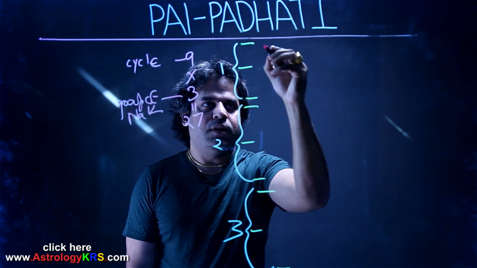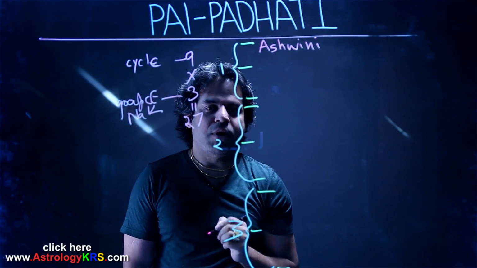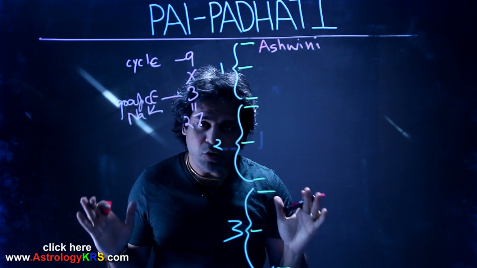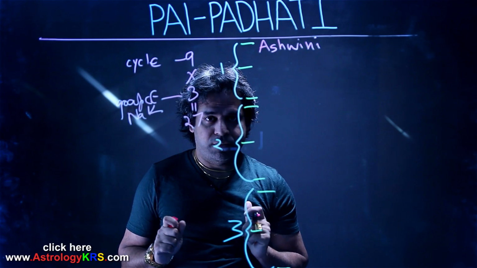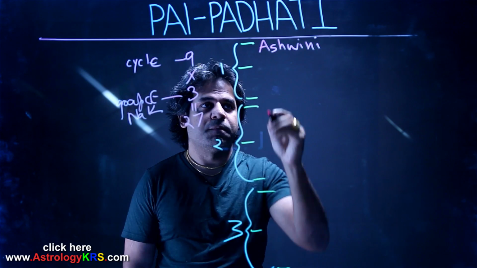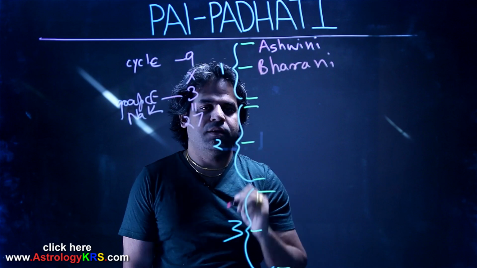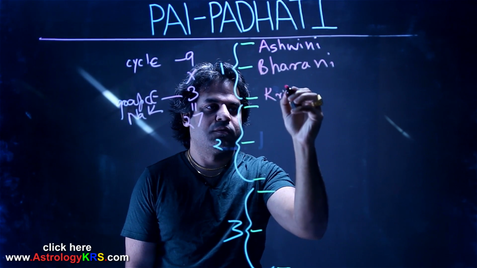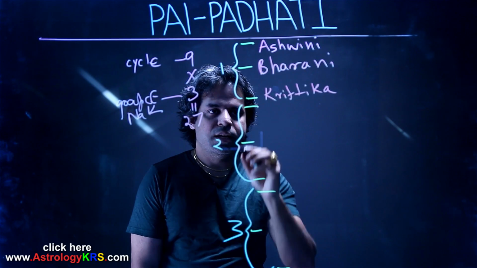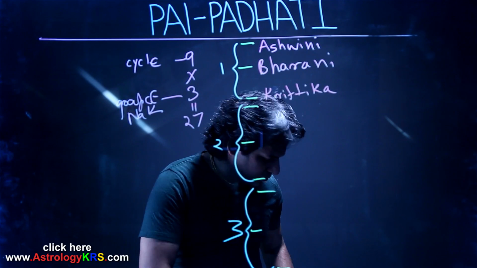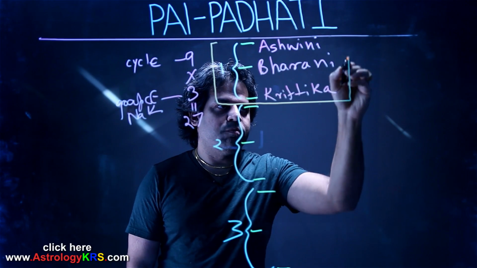So look at this part. I'm going to put group 1: Ashwini nakshatra. Because remember, you got to know about nakshatras in this. You got to know what nakshatras are, what they mean. And after that, it's just a piece of cake. Bharani, Kritika. This is group 1.